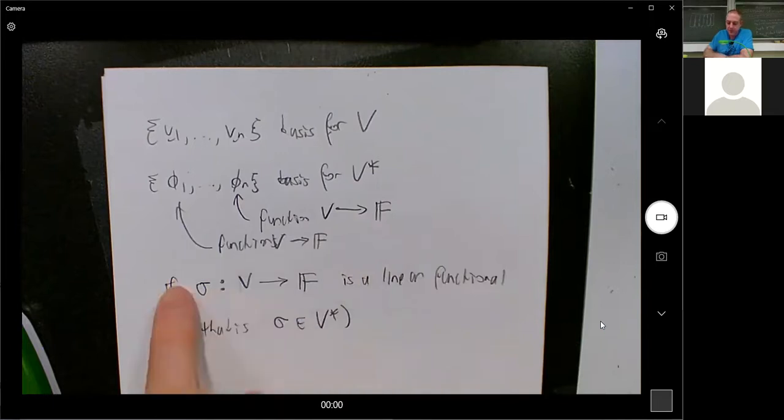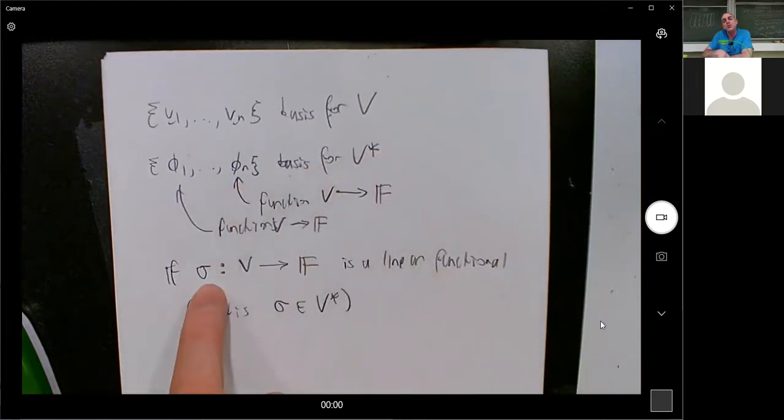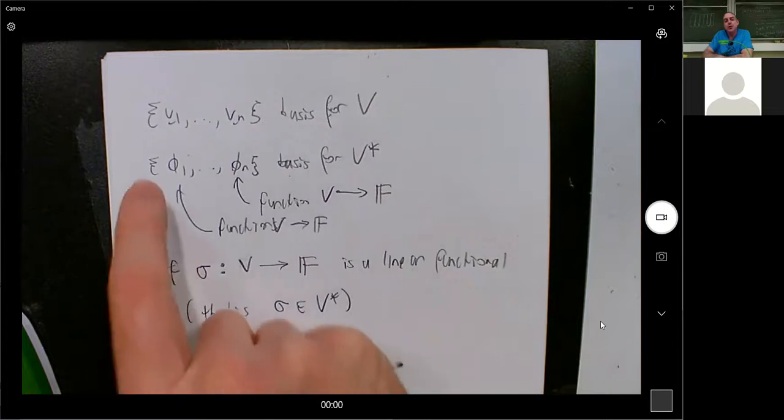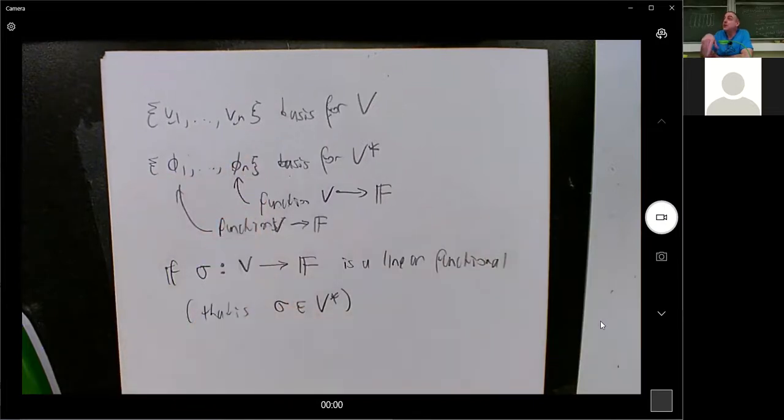It is a random function that goes from V to the field, so it doesn't matter which one I want. And because this is the basis for V star, it must be possible to do sigma by doing all the phi's and doing a linear combination of the answers.